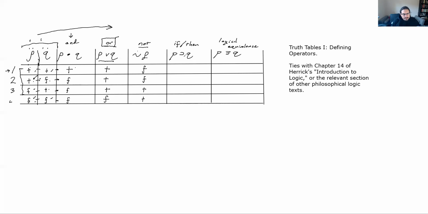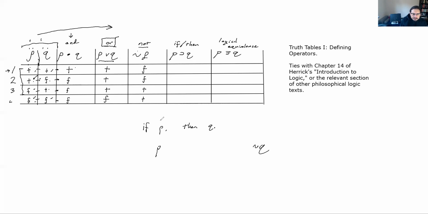And remember the way this works. I'm just going to remind us about how the if then works. When we say if P, then Q, this only really hooks into the logic of a statement if we also know that P is true or Q is false.